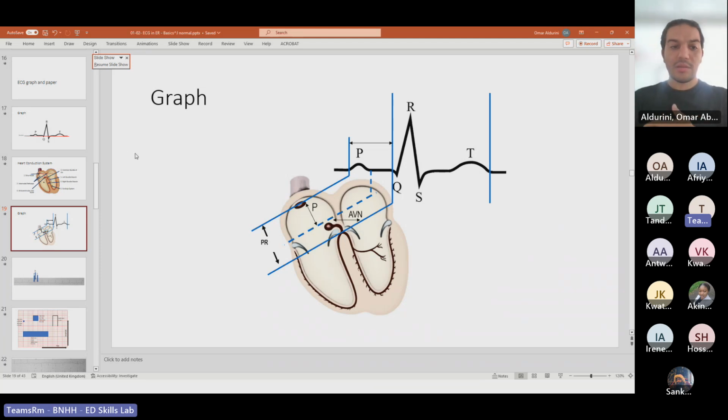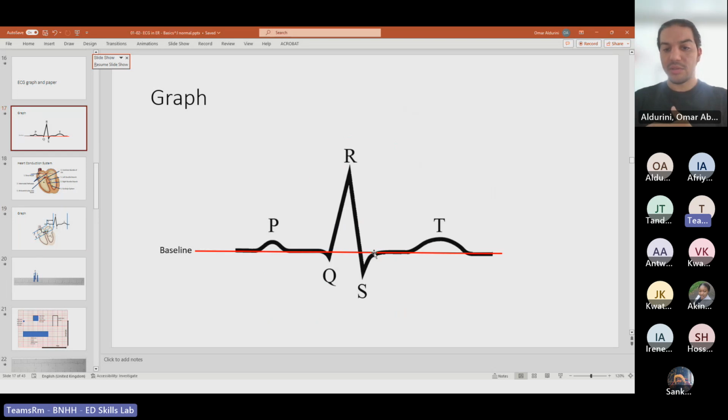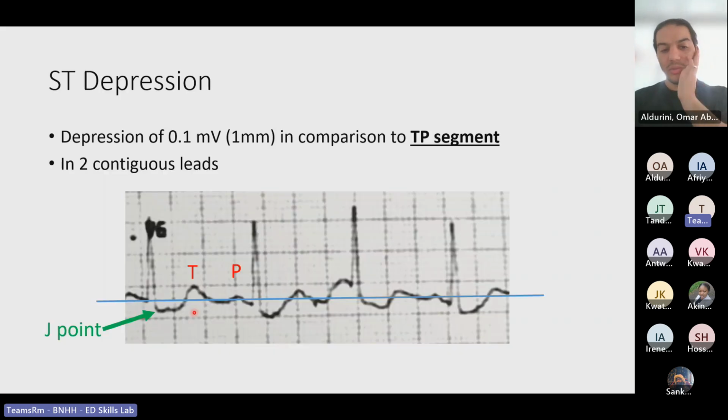If the J point is above the baseline, then it's ST segment elevation. If it's below the baseline, this is an ST segment depression.